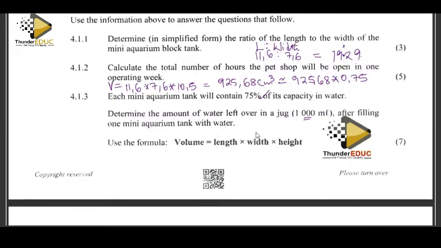When you multiply by 75%, you end up having 690.26 milliliters, so this is the water that will be put in the aquarium. They're asking what will be left over. We shall get 1,000 minus 690,26. When you subtract, the answer becomes 309.74 milliliters.